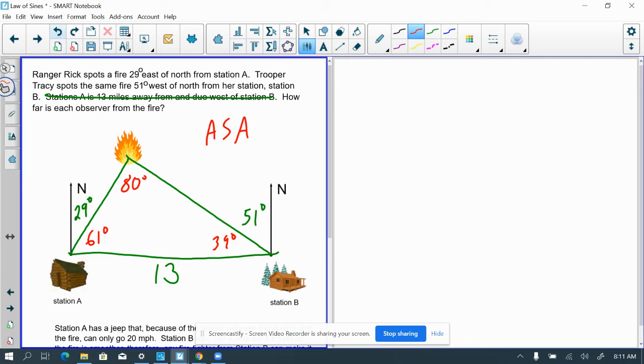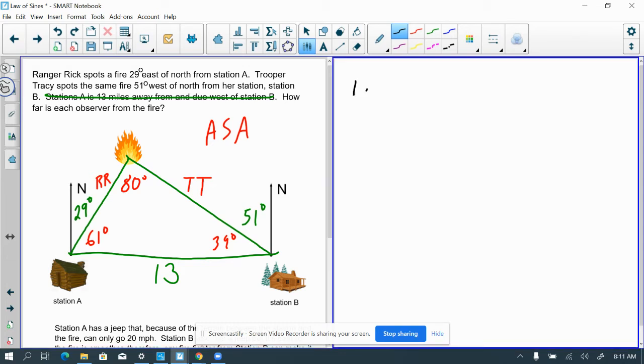So let's actually give these names. Let's call TT for Trooper Tracy and RR for Ranger Rick. That's how far Ranger Rick is from station A, and Trooper Tracy from station B. So let's do some work. I can do the sine of 61 over Trooper Tracy is equal to what?